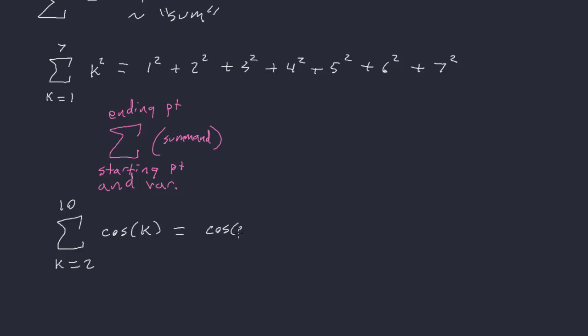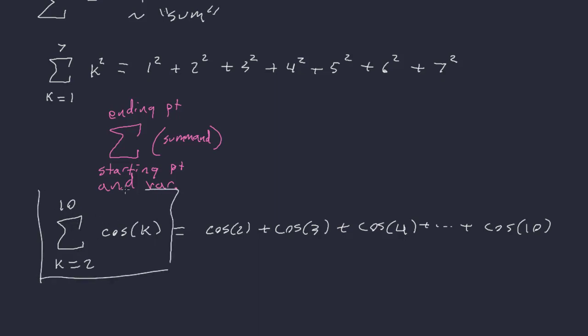So it'd be cosine of 2 plus cosine of 3 plus cosine of 4, all the way up to cosine of 10. So that is just a more efficient way of writing this in a smaller amount of characters.